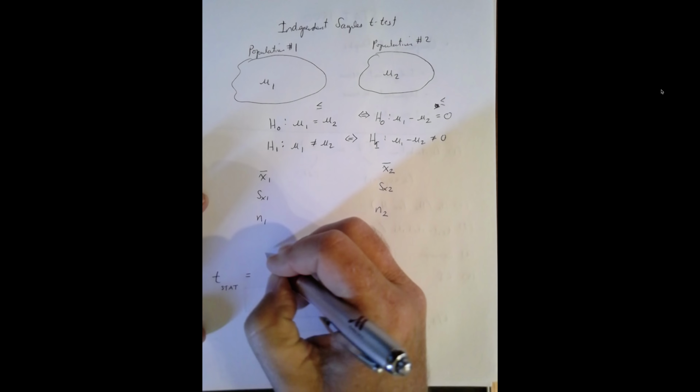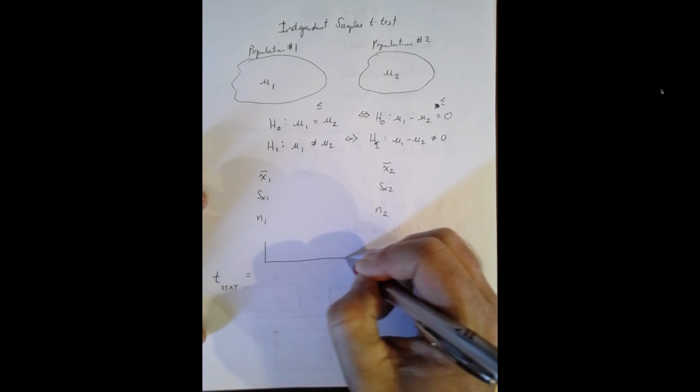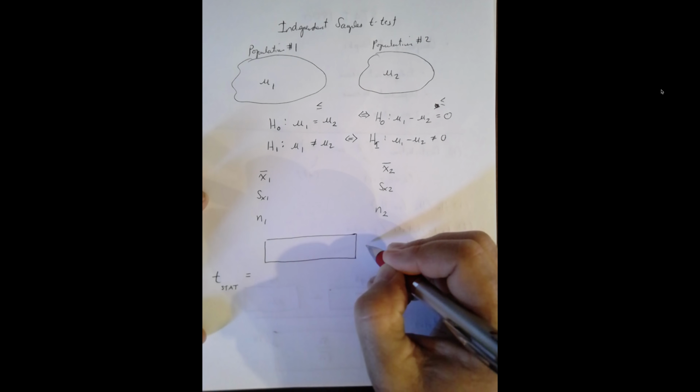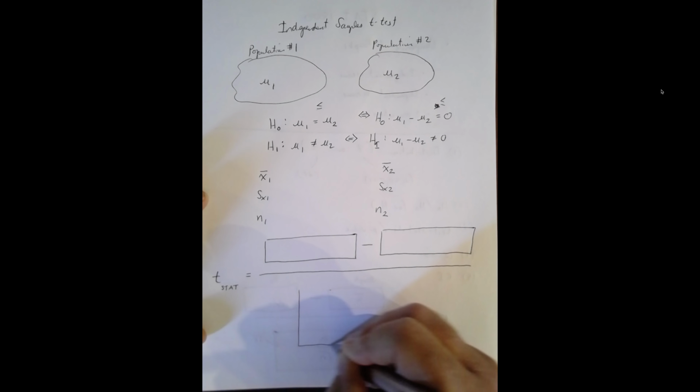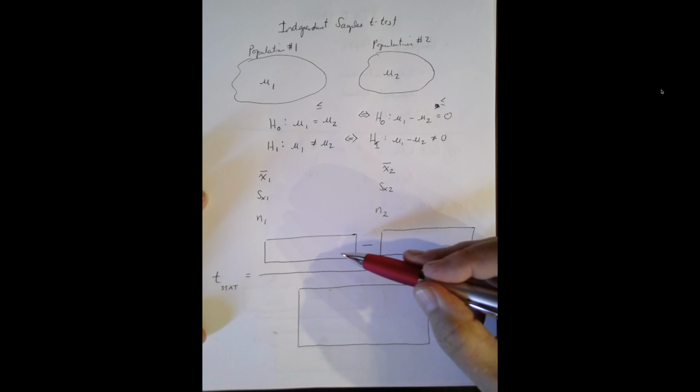So again, the test statistic is 3 parts. It's the sample statistic, it's what we get in H sub 0, and it's our standard error.